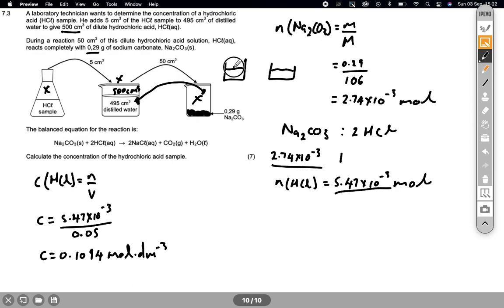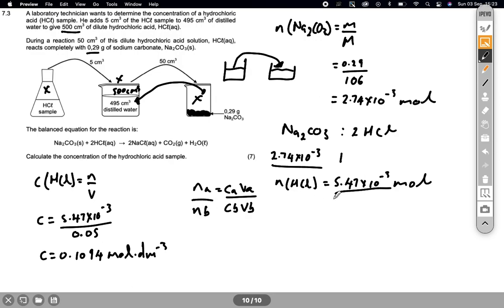So we are taking this concentrated HCl and adding it in the distilled water so that it can be diluted. So if you remember, you can use Na over Nb equals CaVa over CpVp.